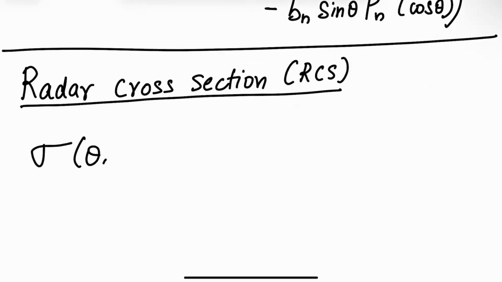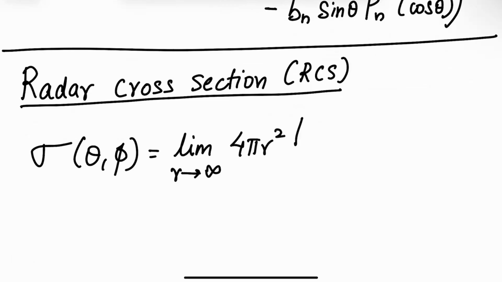Sigma is a function of theta and phi: limit r goes to infinity, 4 pi r square, mod E scattered square divided by E naught square.